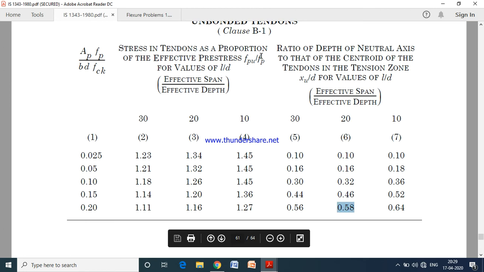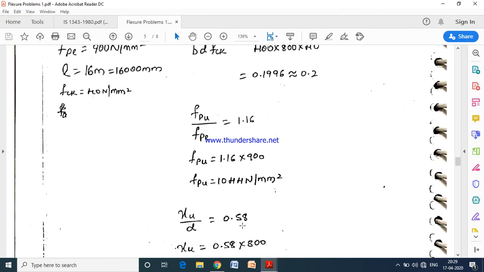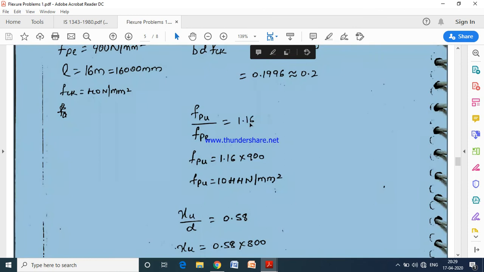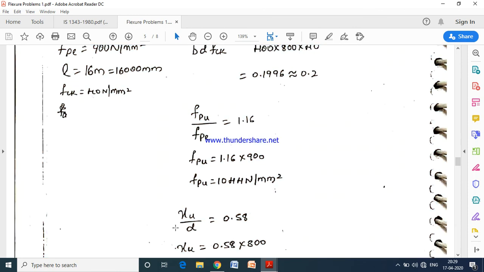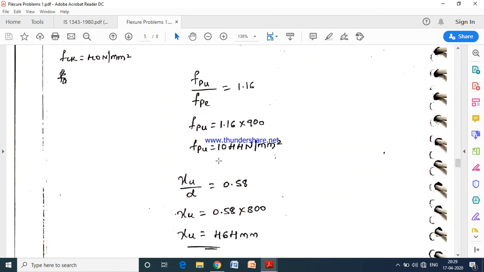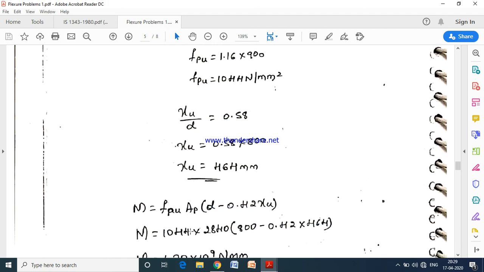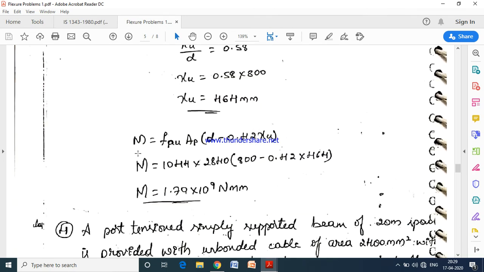So fpu by fp is 1.16, and xu by d will be 0.58. On simplifying, we will get fpu and xu, and substituting in the equation we will get M equals 1.79 × 10^9 N mm.